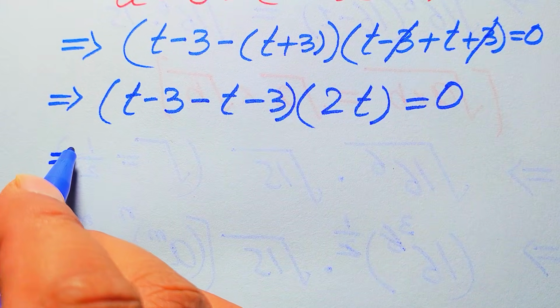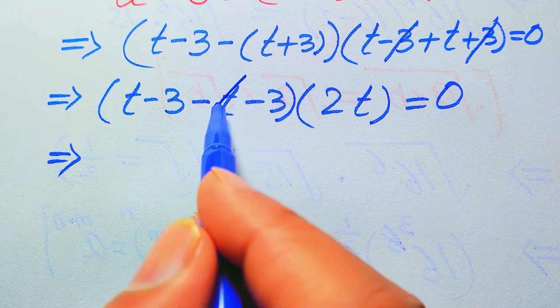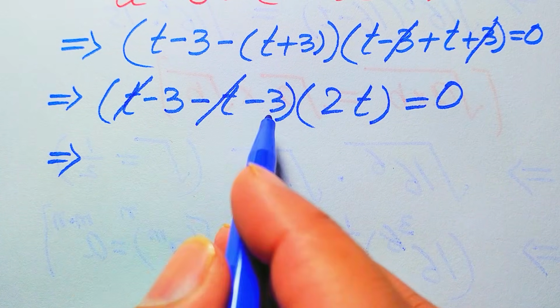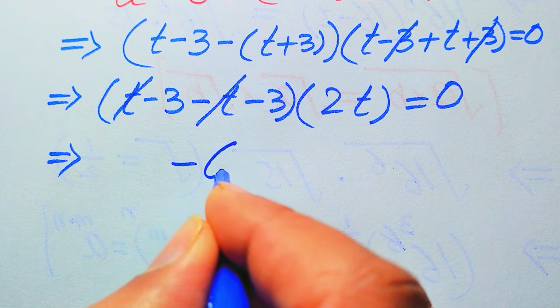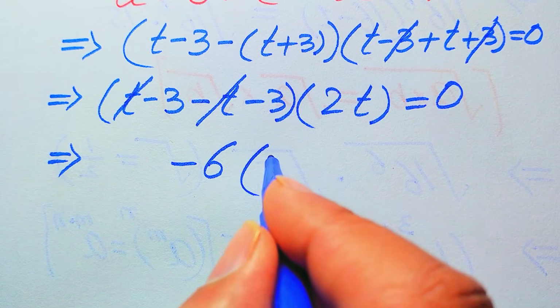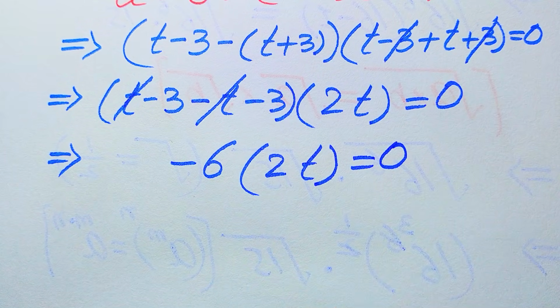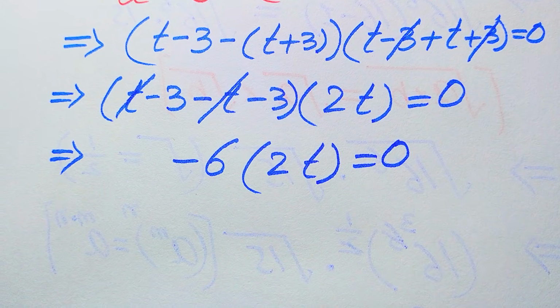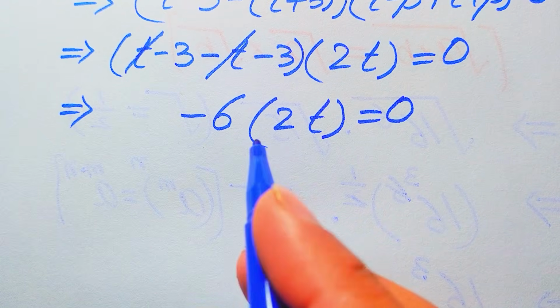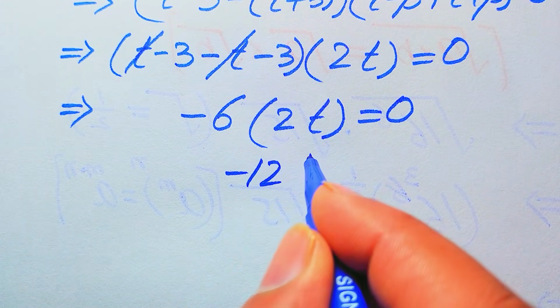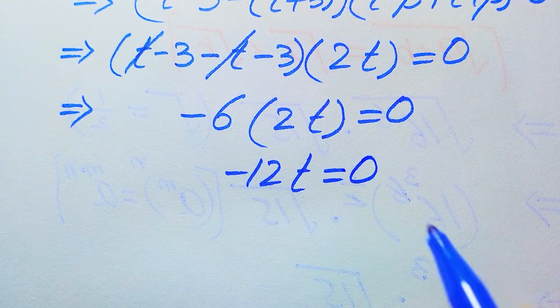In the next step, the minus t and the plus 3t are gone, and we obtain minus 3 minus 3 becomes minus 6, times 2t, and this whole equation is equal to 0. Here we multiply both of these values, and minus 6 times 2 becomes minus 12t, and this whole equation is equal to 0.